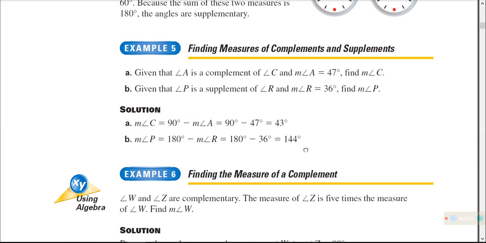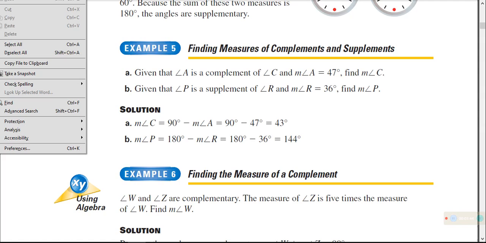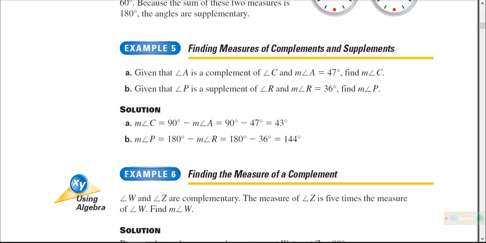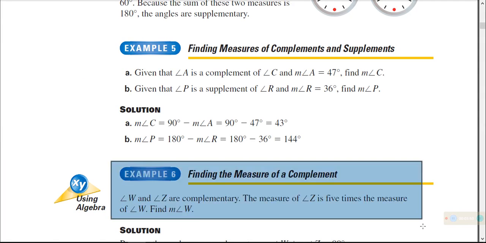Okay? So now, we have here example number 6, finding the measure of a complement. W and Z, so angles W and Z are complementary. The measure of angle Z is 5 times the measure of W. Find the measurement of W. So, para lang tayong nag-algebra, dealing with word problems.